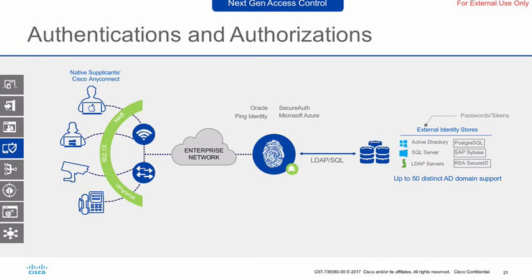So when we're authenticating these users, we have the ability to use a number of different things. We can use external sources such as Active Directory, SQL server, or an LDAP server, right? We can also issue certificates for these endpoints. So if we want to do EAP-TLS or something of that nature, we can integrate with a customer's enterprise PKI, and we can issue certificates to those endpoints on behalf of that enterprise PKI.